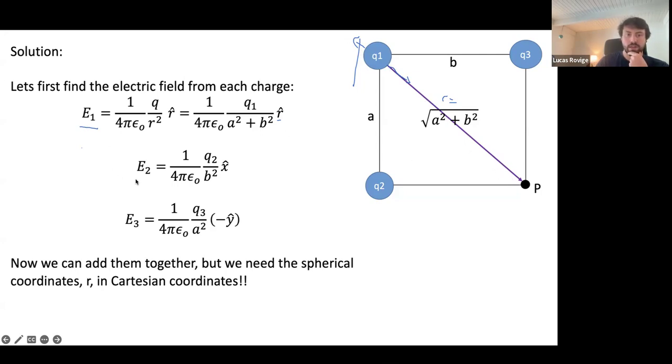Now, if we look at the contribution of the charge 2, it's the same constant as before, and then Q2 divided by this distance here, which is B square, and now the vector is different because it's along the x-axis.